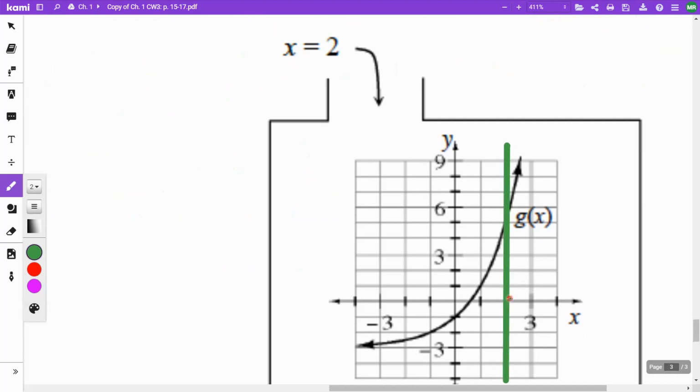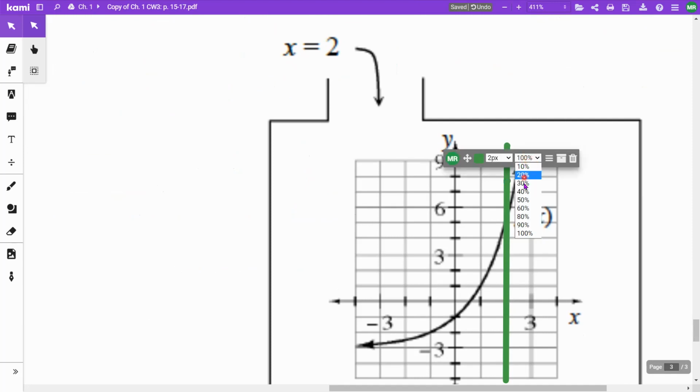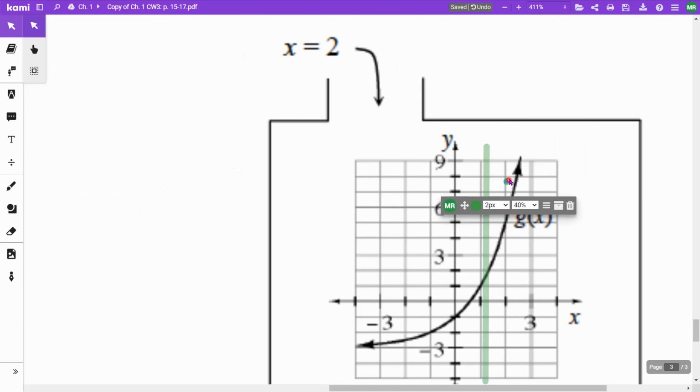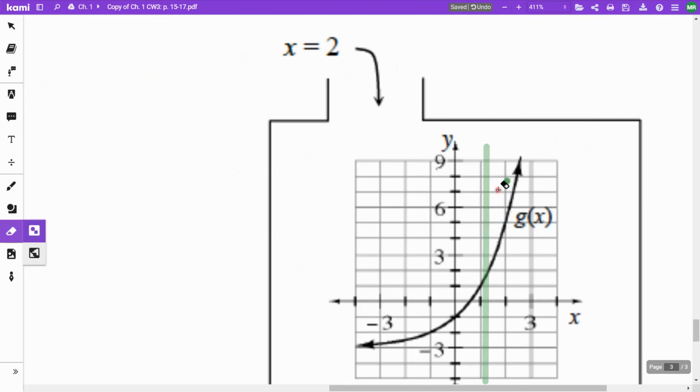Again, let me make it a little fainter so we can see through it. Just get rid of that dot I made.